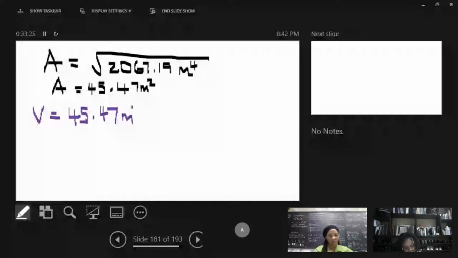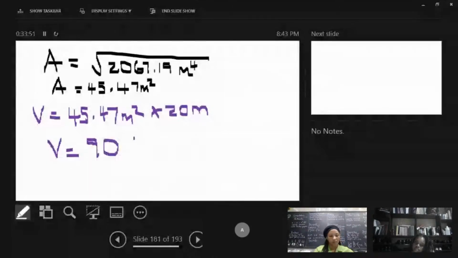So work that out. 909.4 meters cubed. All right, so let's retrace.